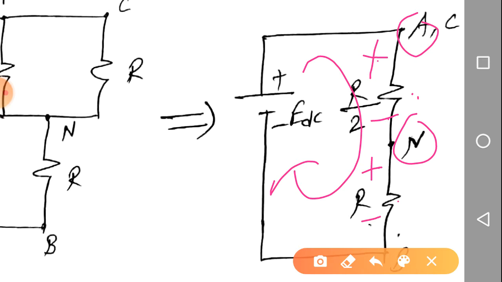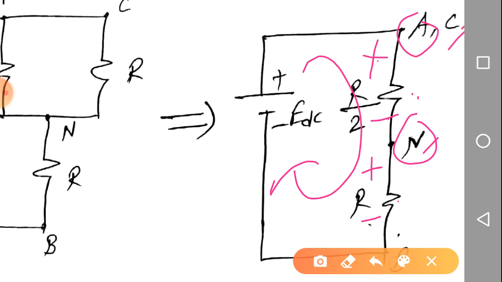If the potential at terminal A, that is VA, is greater than the potential at terminal N, that is VN, then VAN will be positive, that is VA minus VN is positive, right? Similarly, VC is greater than VN, so VCN is also positive. So VAN is equal to VCN, okay?